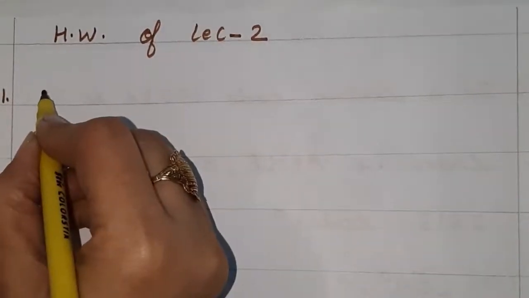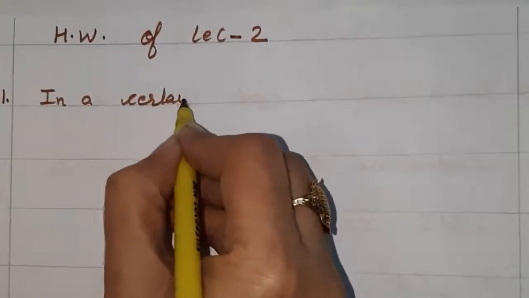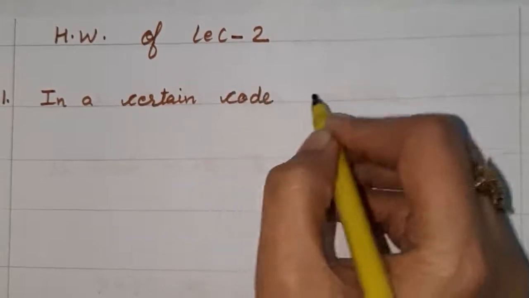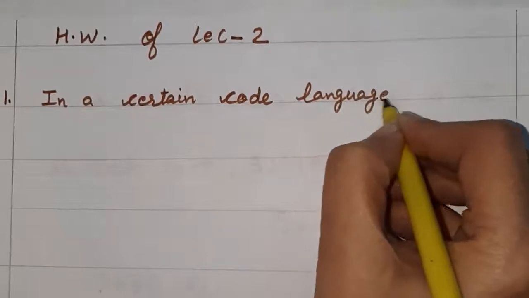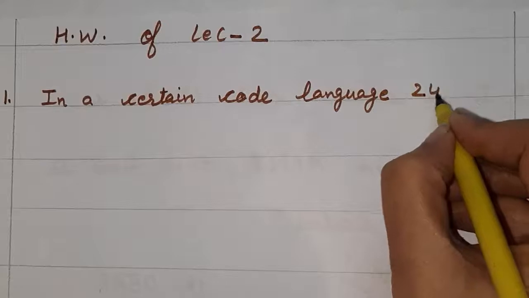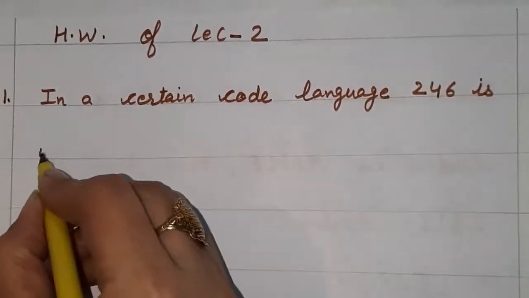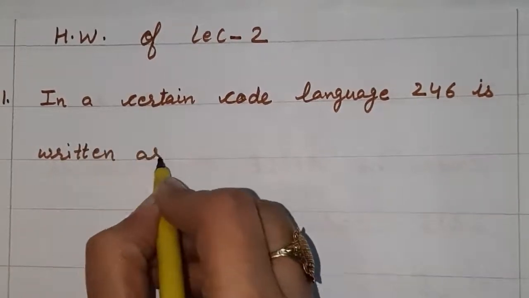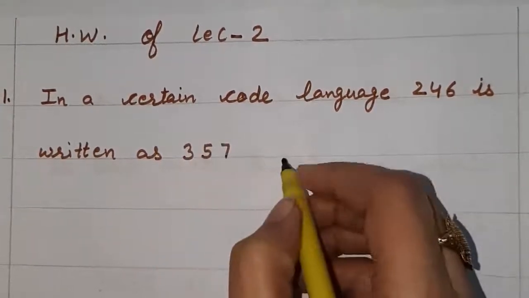First question is: in a certain code language, 2, 4, 6 is written as 3, 5, 7.